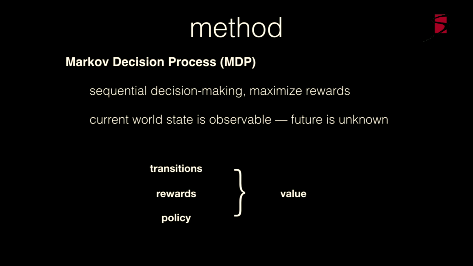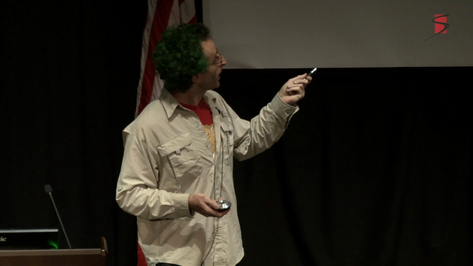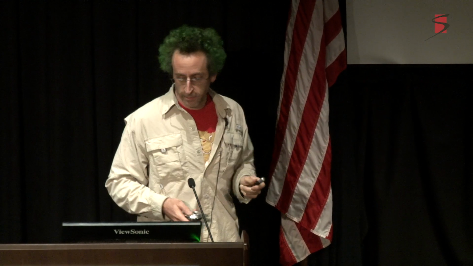And so from what you know, which are transitions, rewards, and the policy is the way of describing what actions to take, you can assess value, and then you can make your value consistent with your policy. That is, your policy of choosing actions is whatever maximizes your value. You close the loop, you can do that in a recursive formula, and you can find out how to use your knowledge about the world to do as well as you can. That's a Markov decision process.